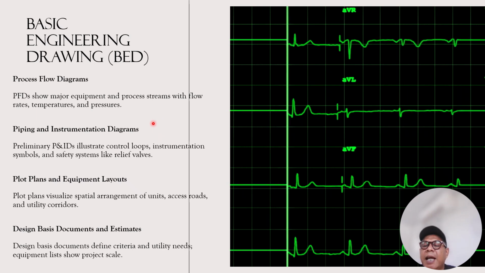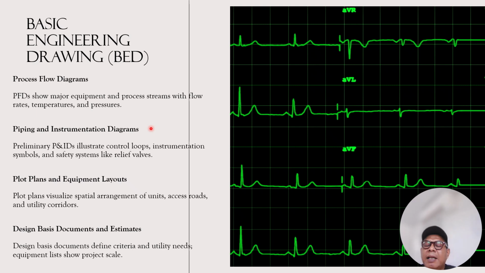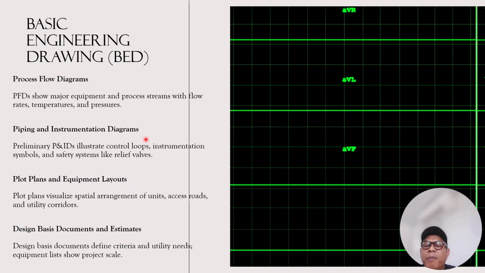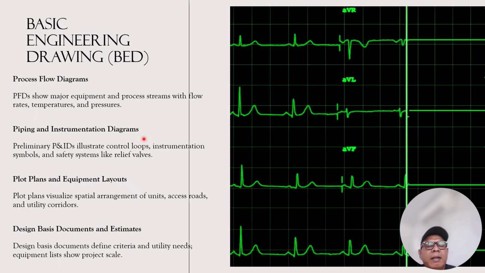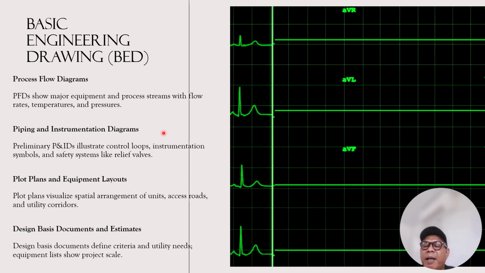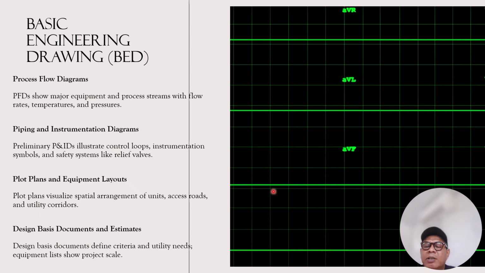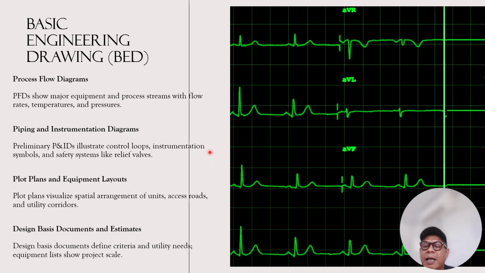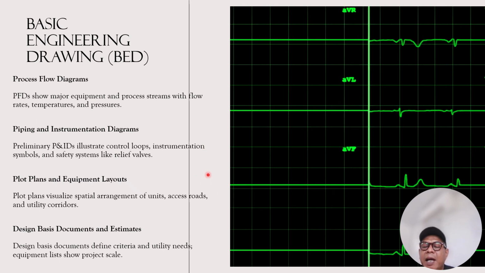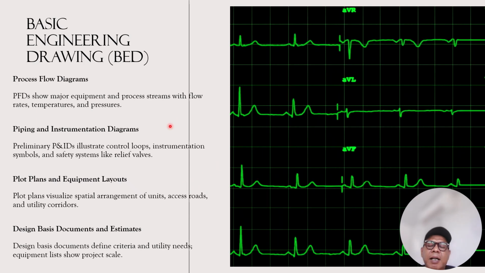It guides FEED and DED phase, acting as a reference for the more detailed design and procurement planning. It facilitates permitting and approval, used for environmental impact assessment and regulatory submission. So they improve risk identification, with early visibility into the safety, environmental, and operational risks.